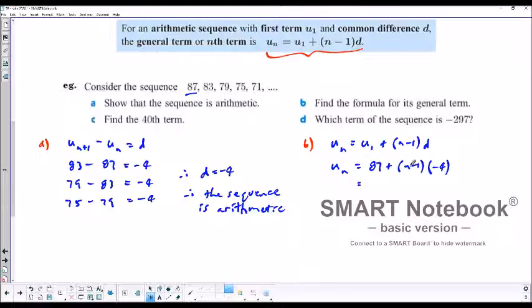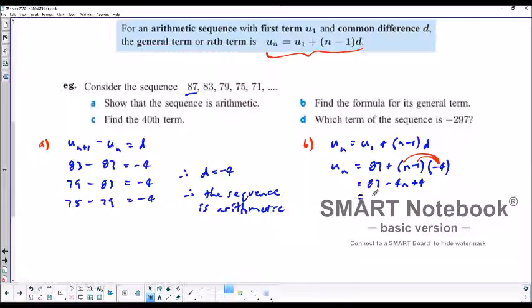And then we can simplify this. We can distribute this negative 4 into the bracket here, and that would simplify things. So we've got 87 plus negative 4n, and then negative 4 times negative 1 is positive 4.